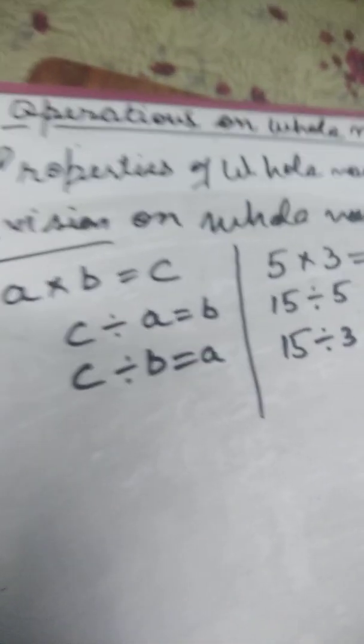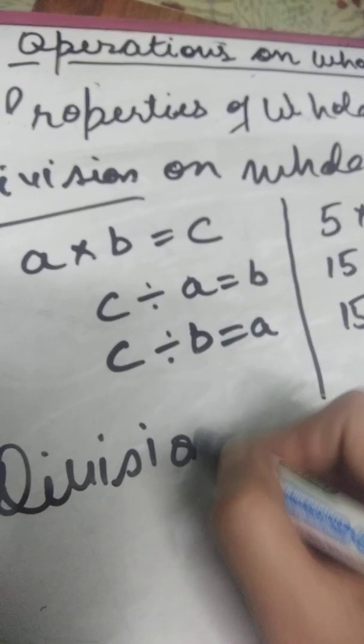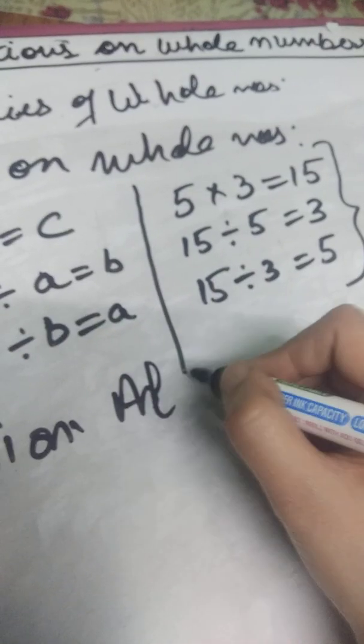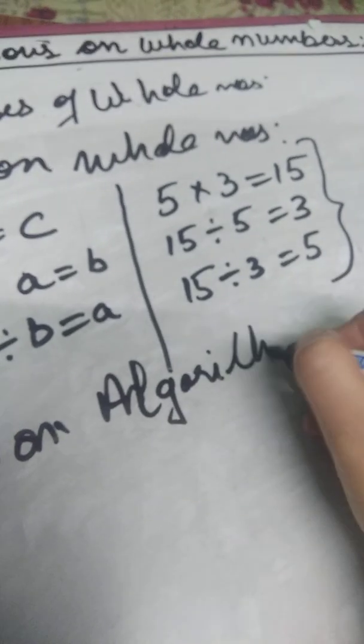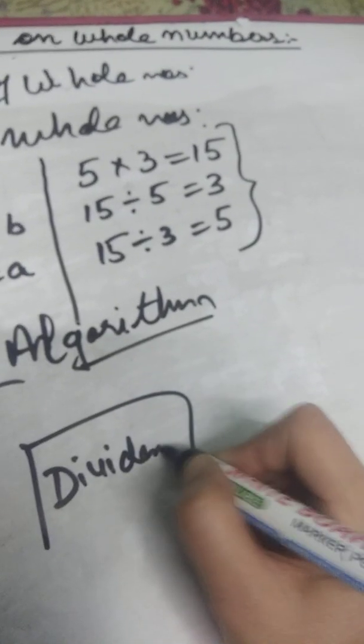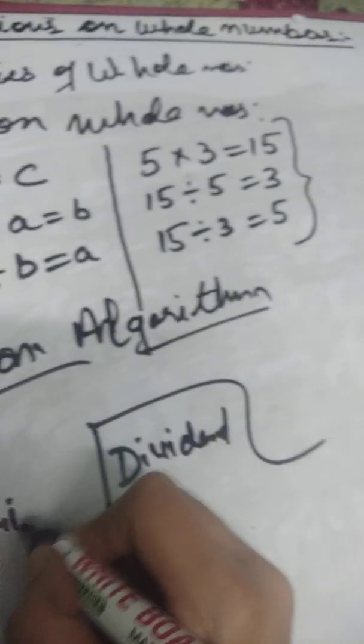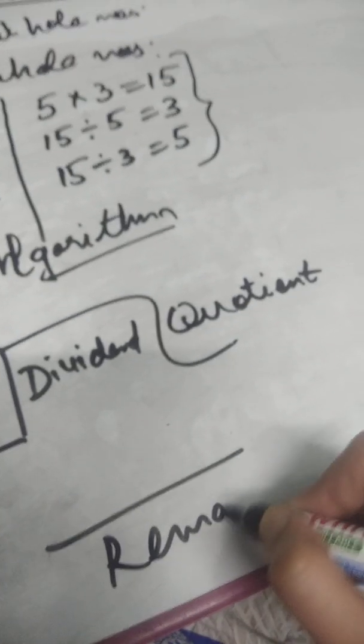Next we have the division algorithm. See what it says. When we are dividing, we write dividend, divisor, quotient, and in the end what we get is the remainder.